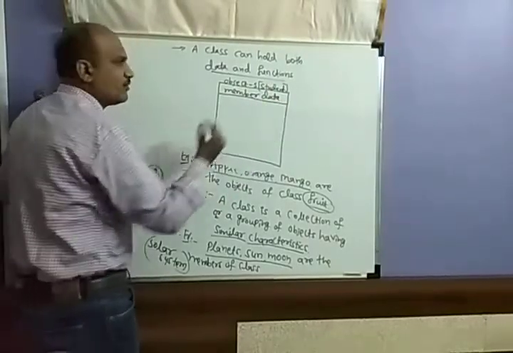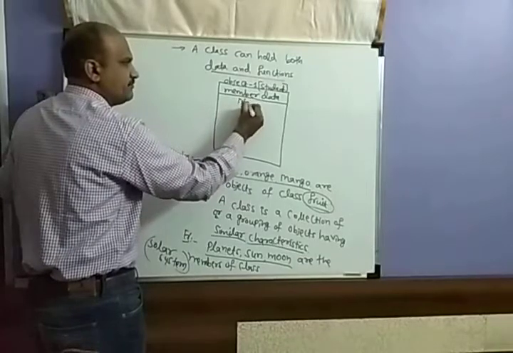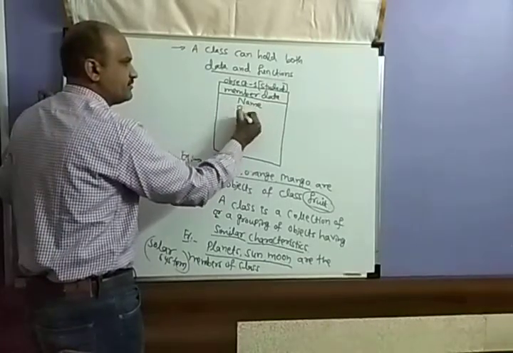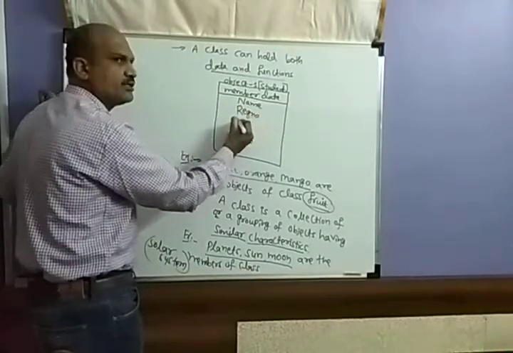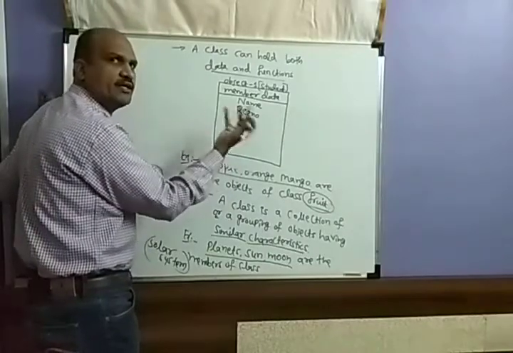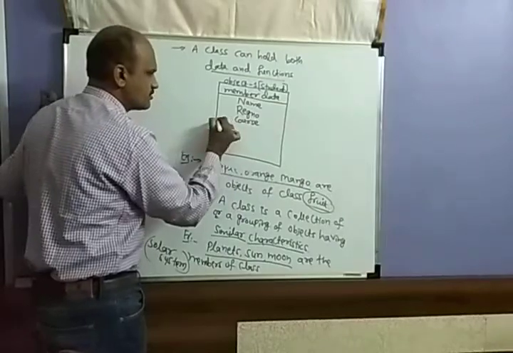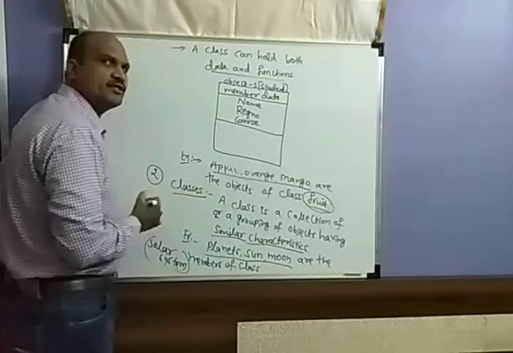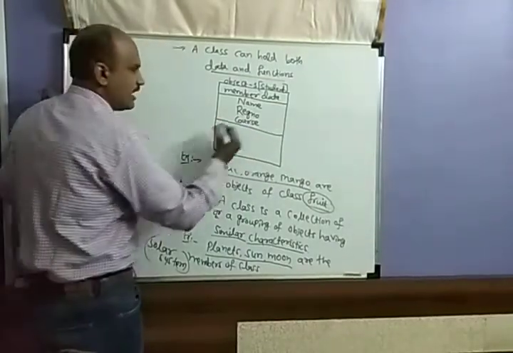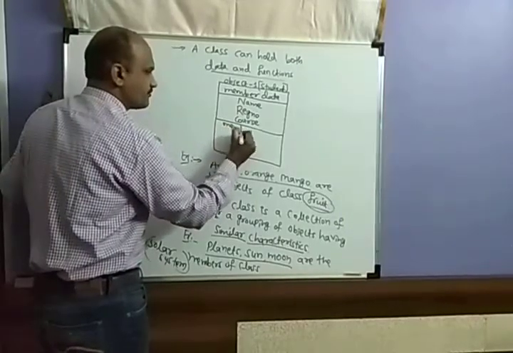Students have a name, a register number, and students may have any course. There are so many, but you see only three: name, register number, and the course, and member functions.